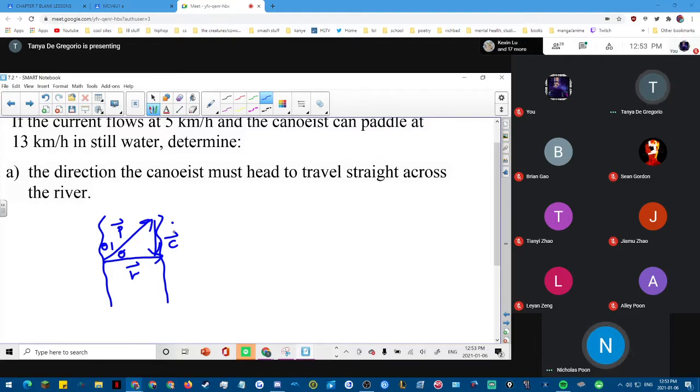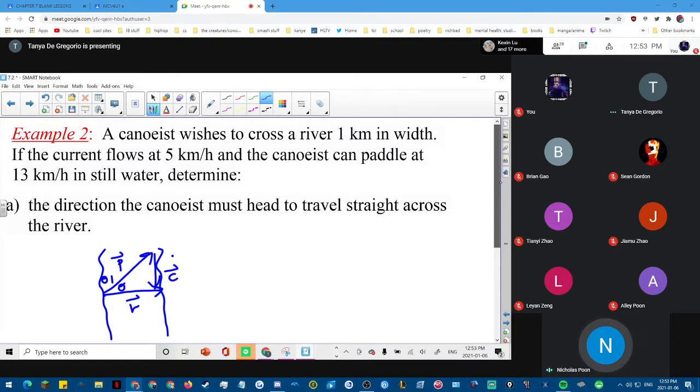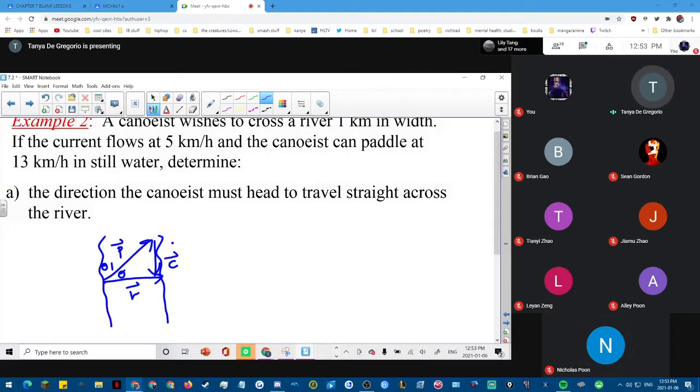What can I do? We know the paddling speed and the current speed. Good, we do. So we know that we paddle at 13 kilometers per hour. The current is 5 kilometers per hour, and we have a right angle triangle here. So we just need to use SOHCAHTOA. So sine, cos, tan. What am I going to use to solve for my angle theta? Sine. Yep.